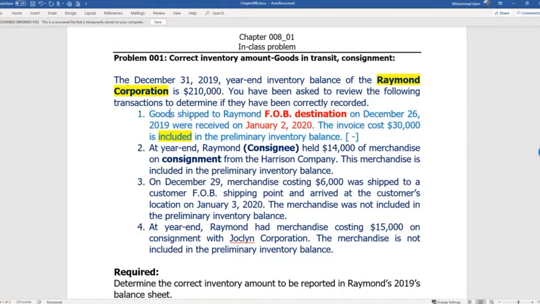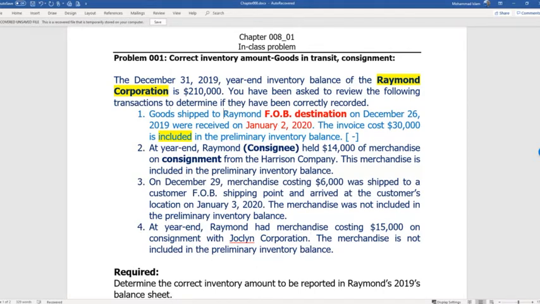The goods shipped to Raymond. So it means that goods have been shipped to Raymond. Here it means that Raymond is the buyer. The term was free on board destination, and it was shipped on December 26, 2019, and Raymond received the goods on January 2. The cost was 30,000, and it is included in Raymond's preliminary inventory balance.